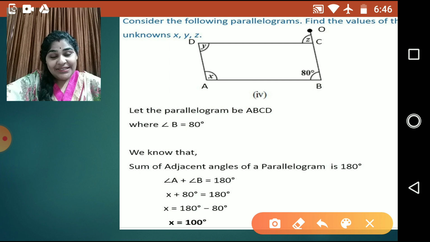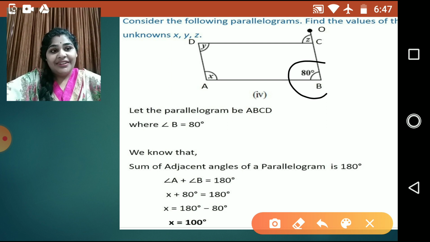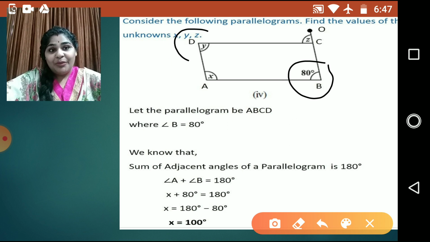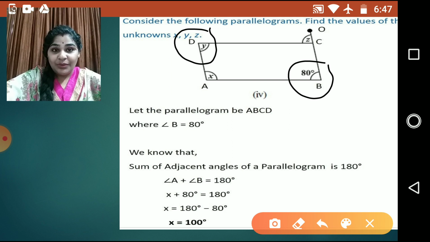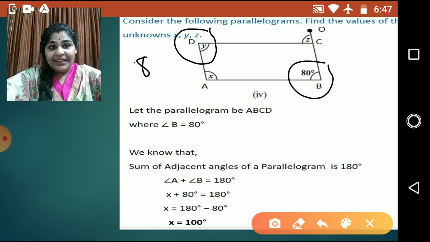I know opposite angles are equal in the parallelogram. So here is 80 degree angle B. Angle D is opposite to angle B, which is Y. So can I say that angle Y is equal to 80 degrees? Yes, so Y is 80 degrees.